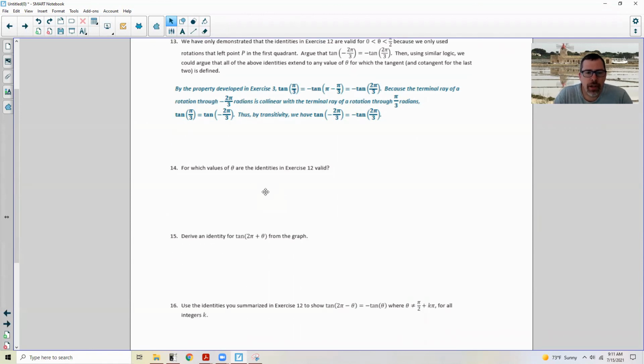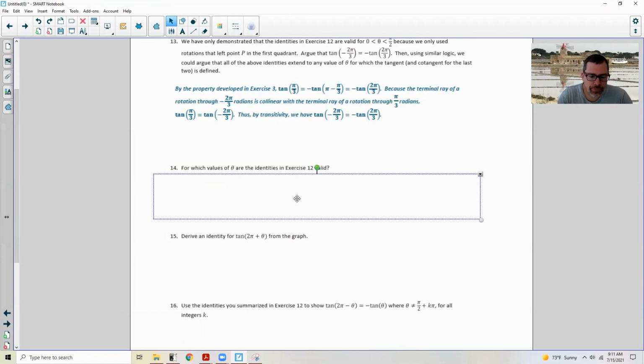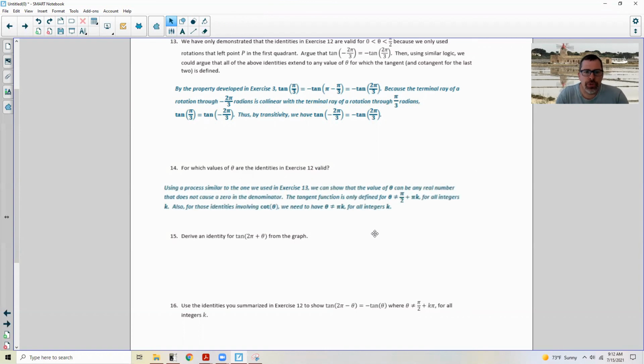Number 14, for which values of theta are the identities in exercise 12 valid? Using a process similar to the one we used in exercise 13, we could show that theta can be any real number that does not cause a 0 in the denominator.